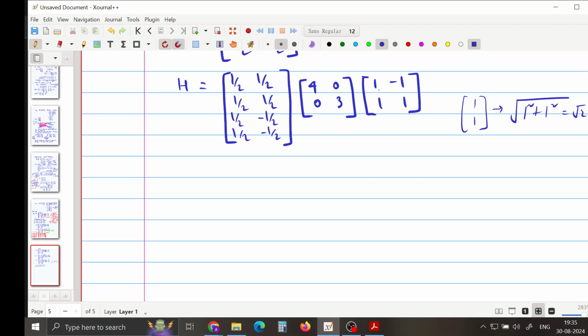So the columns are clearly orthogonal, because if you take their inner product, it is 0, and they are also unit norm. So for that, what you are doing is normalizing this. And how we normalize, we have seen. The normalizing factor is square root 2.